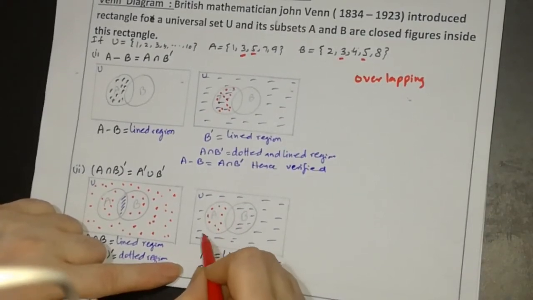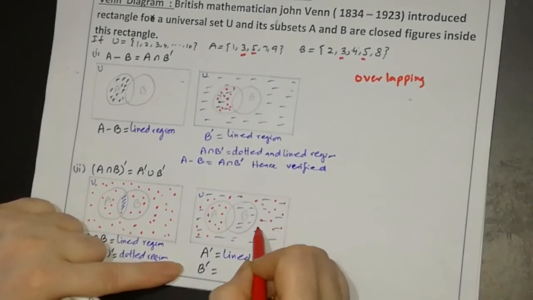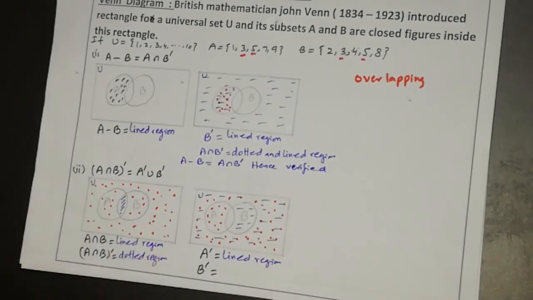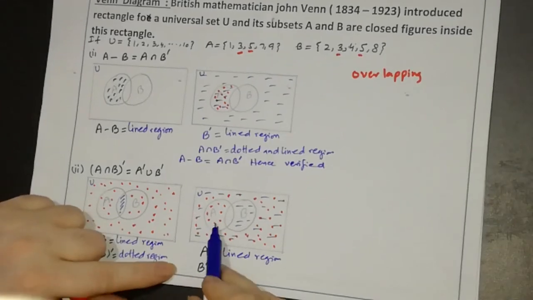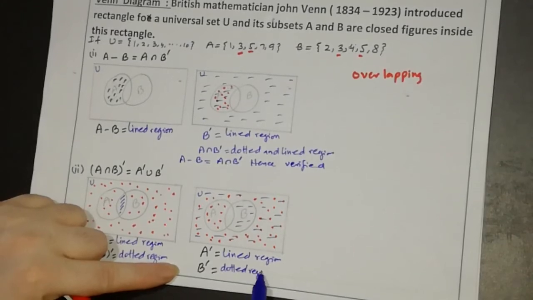This part of A and this outer part of U. I am putting a dot on it. So see now, this is B complement. And how to write your answer? This answer includes this dotted region. First you write the dotted region, and what is this? The dotted and lined region.